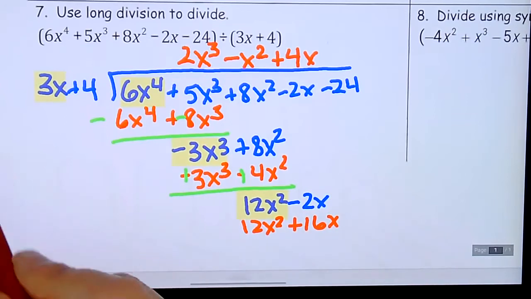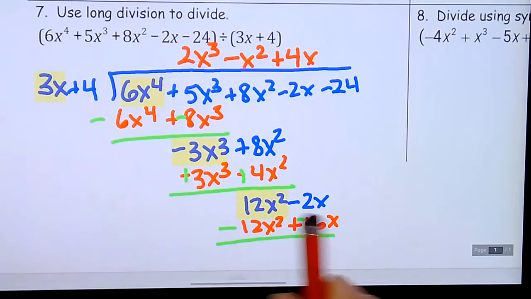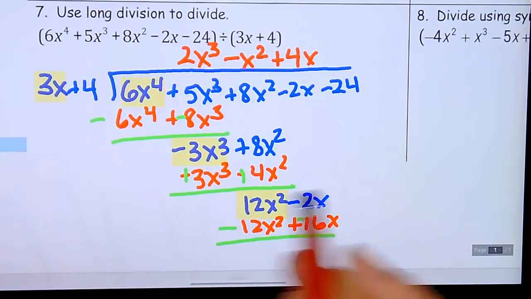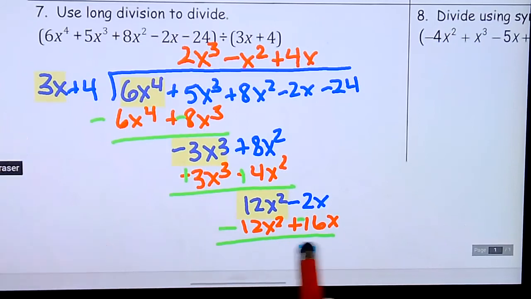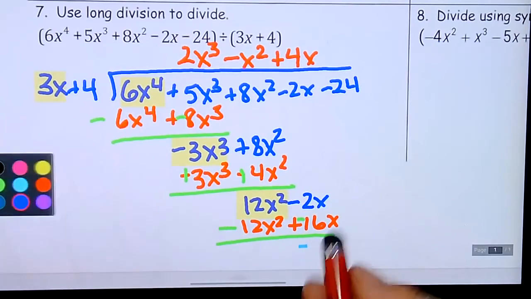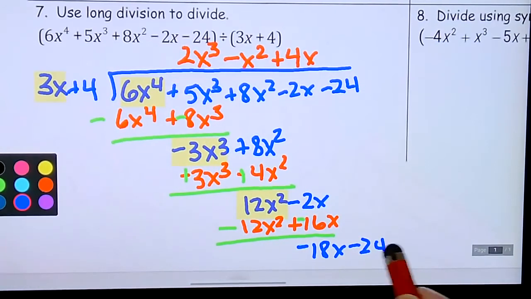I'm going to subtract, so that's negative, combine. I am going to bring down this. This is going to be a negative 18x. Okay, a negative 18x. I bring down my negative 24.